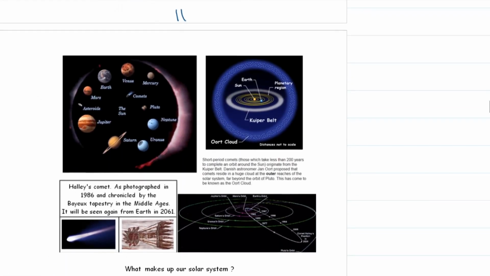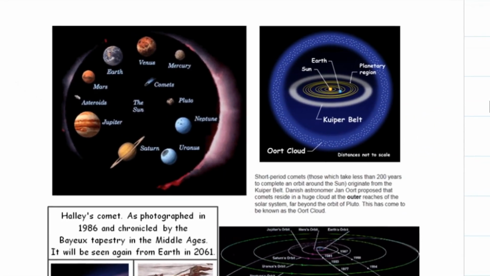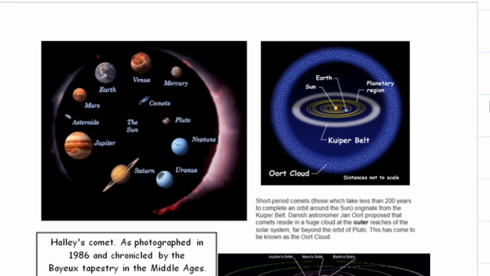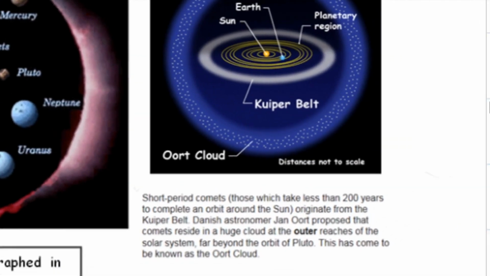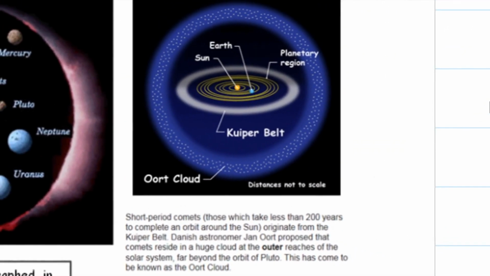Turning now to page 12, you can see on the right hand side here how these comets can orbit. Short period comets, those that take less than 200 years to complete an orbit around the sun, originate from the Kuiper belt.